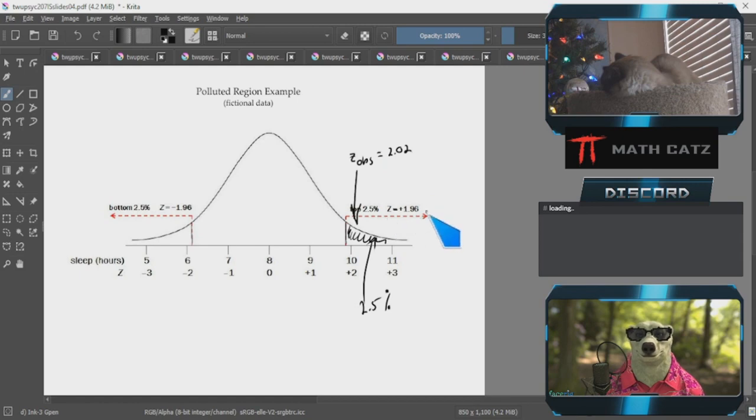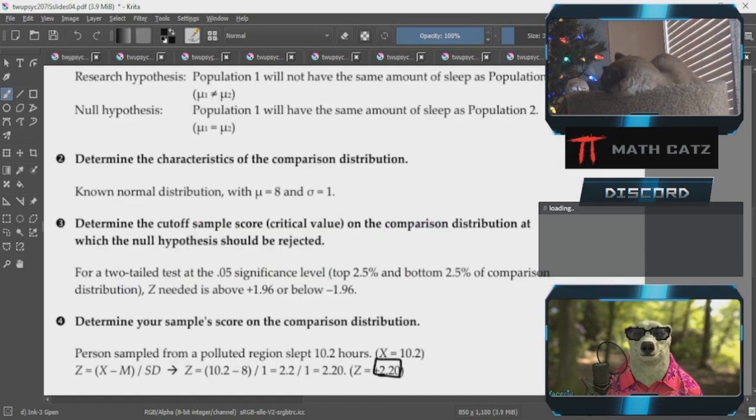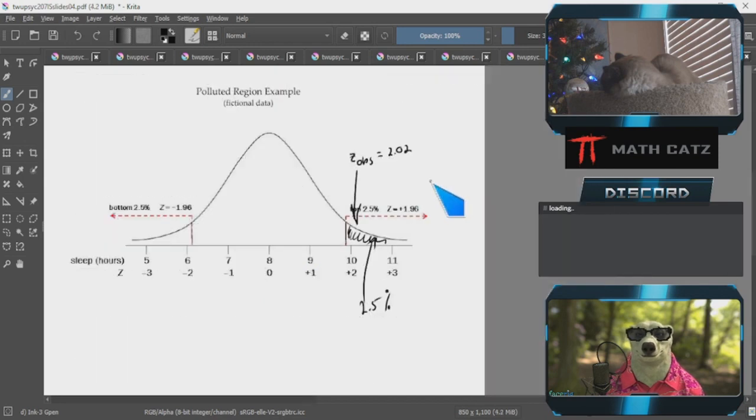That is more. Was it 0.2 or 2? I'm thinking of the previous one. Yeah, right. The previous one was 2.02. This is 2.2. Still not a lot, but it is past the cutoff, in the zone that we view as too rare to just happen by chance.